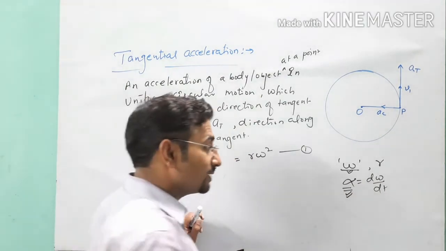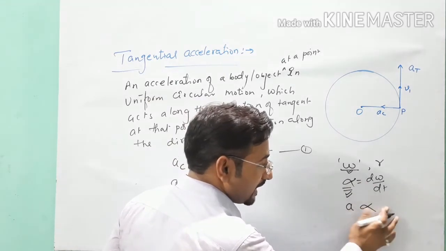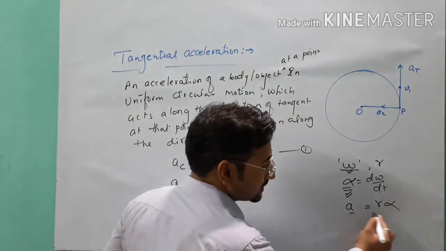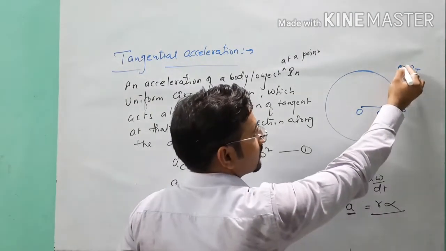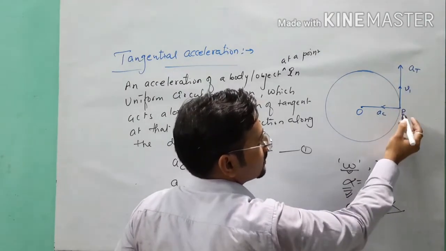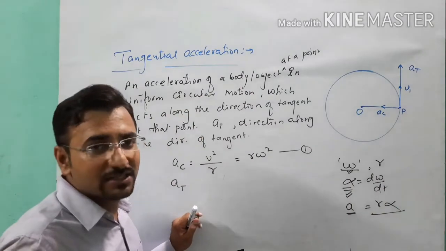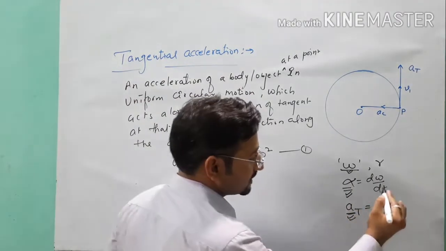The relation between angular acceleration and linear acceleration, you know, is a equals r alpha. This linear acceleration acts along a linear path or tangent. So this linear acceleration acts as tangential acceleration.